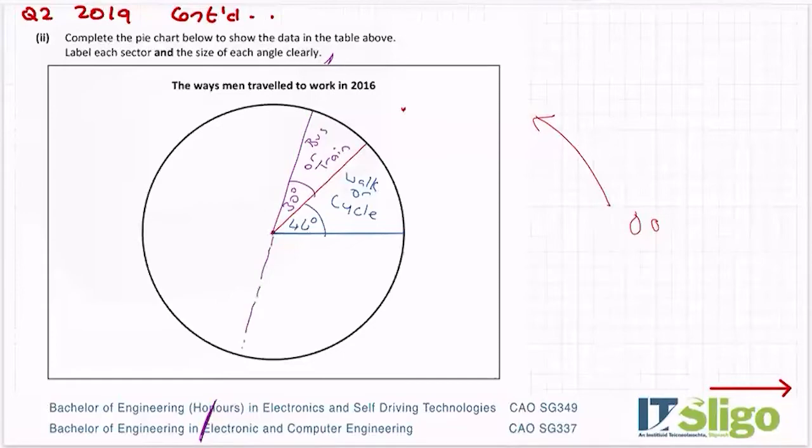I'm drawing in just a temporary line there, and on my calculator, I'm going 216 degrees minus 180 degrees. In other words, I'm working out how many more degrees I need. 216 minus 180, so I need 36 degrees more.